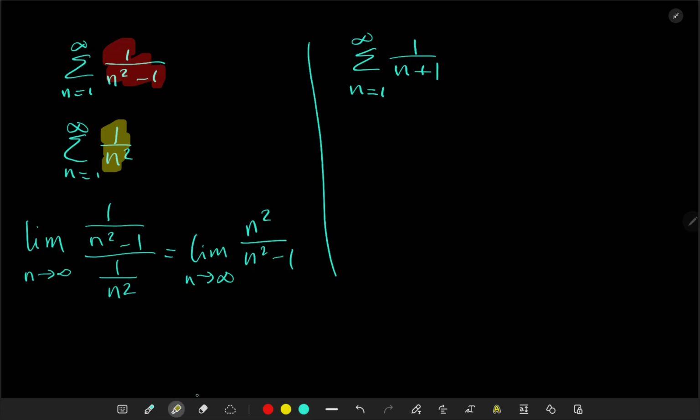This is a rational expression with the same degrees in numerator and denominator, so the limit will be the ratio of the coefficients. In this case, this is 1. What this 1 tells me is that these two series are going to be growing more or less at the same rate.